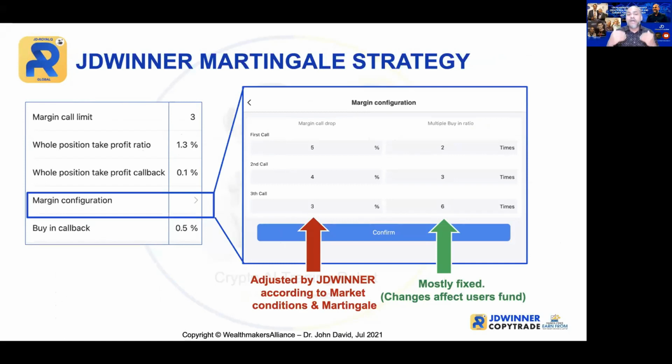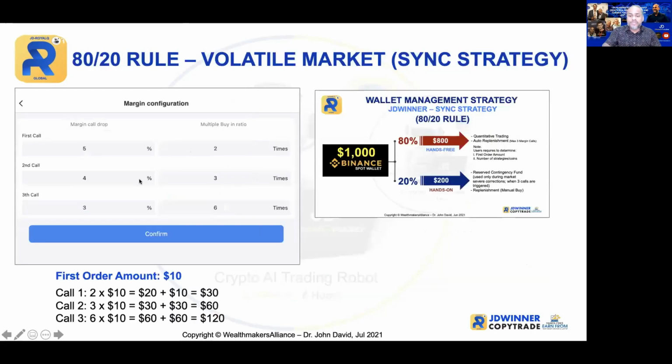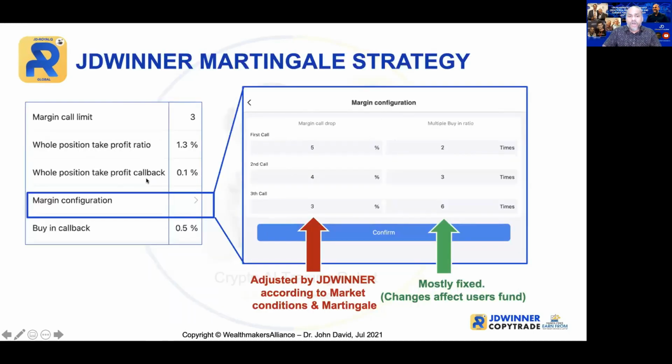That's all. So how do I achieve it? In order to achieve 1% average profit for each position, I need to set my profit ratio at 1.3% and my profit callback at 0.1. So 1.3 minus 0.1 will be about 1.2.